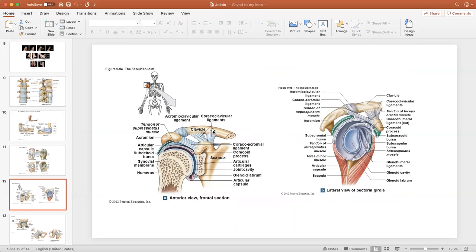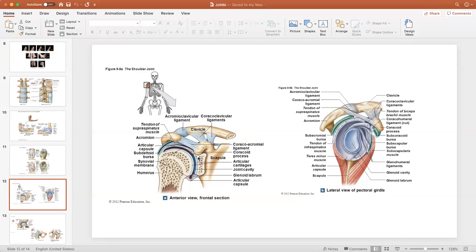And then you have your shoulder joint. So with the shoulder, you have your glenoid cavity in here, and then you have your articular capsule, which runs around here, and then you have your glenoid labrum. Okay, this is the fibrous portion here that helps keep your shoulder in the joint, basically.